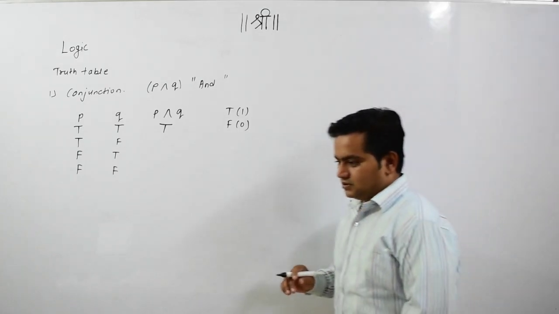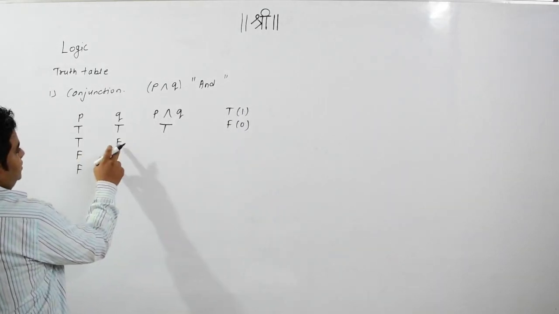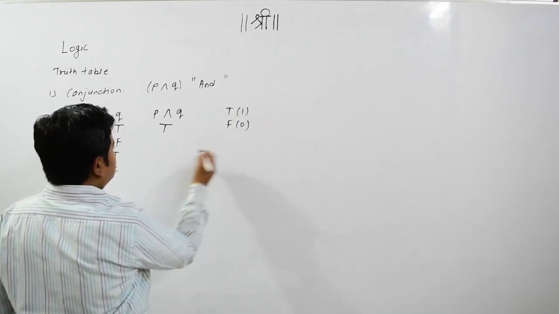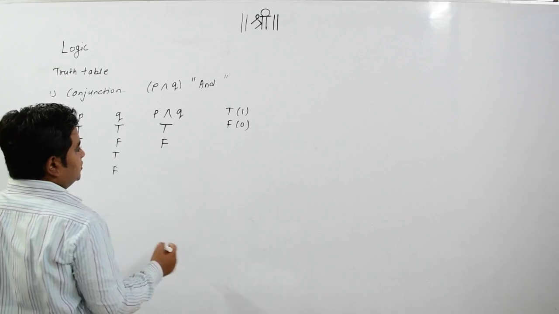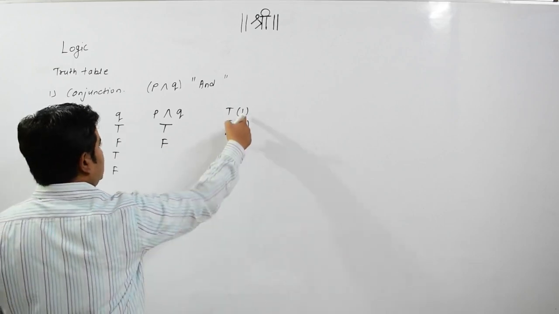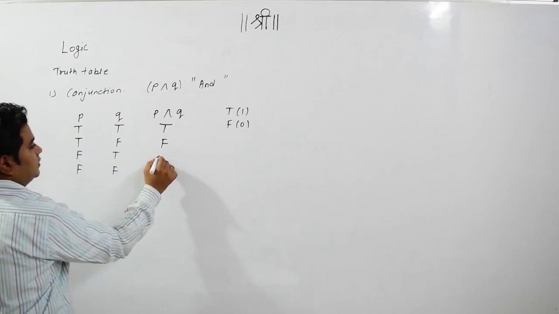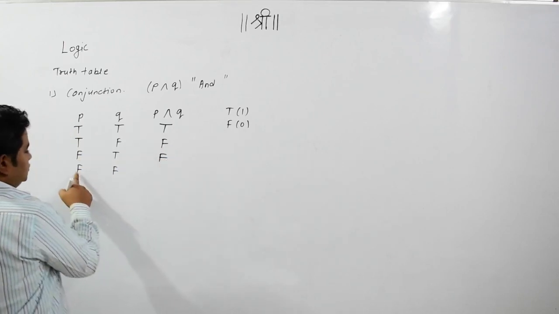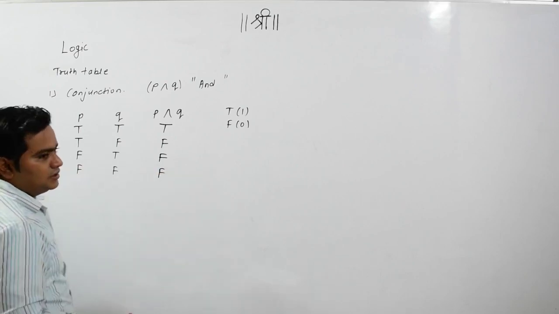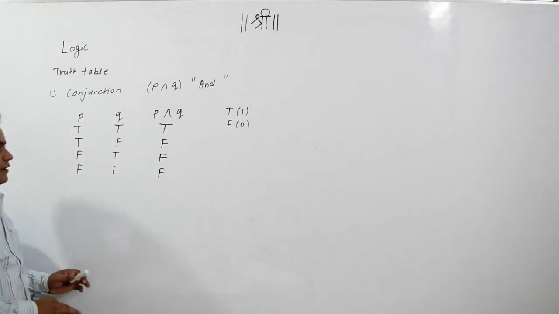Now again T multiplied by F means 1 multiplied by 0 gives 0, which means false. False stands for 0. So 1 into 0 is 0, again 0 into 1 is 0, and 0 into 0 is 0. Nothing else.